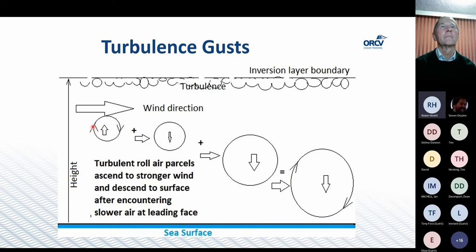This upward part here can get caught in the wind direction and be accelerated. And as it gets to this part, it's moved along, and this part comes down and catches the downside of the roll in the air here.